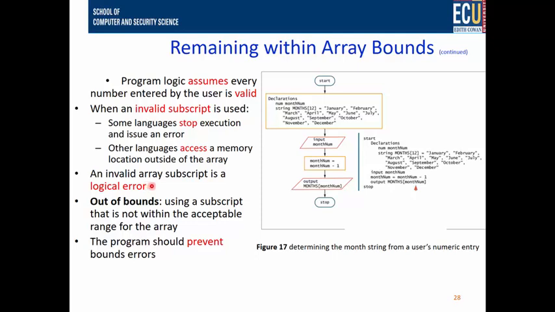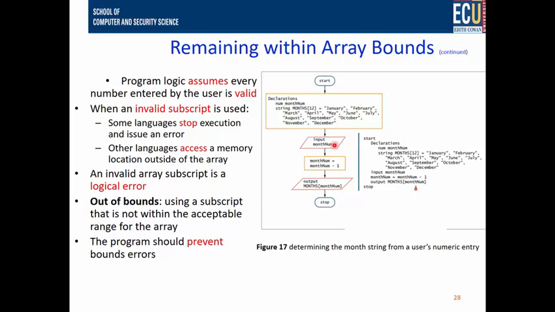Okay, and if the index which you are using to traverse the array is dependent upon user input, where the user gives you some input to retrieve a value from the array, then you have to be very careful. For example, in this case, we have an array with constant values, which are the months, and you ask the user to enter a month number.